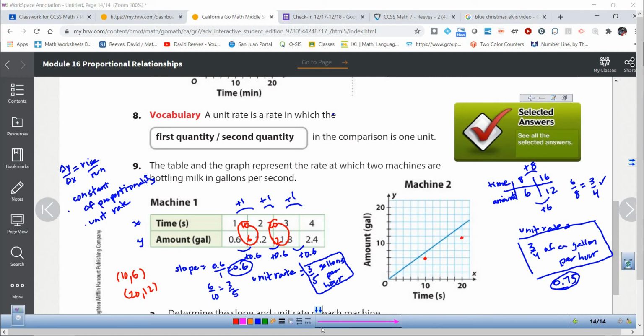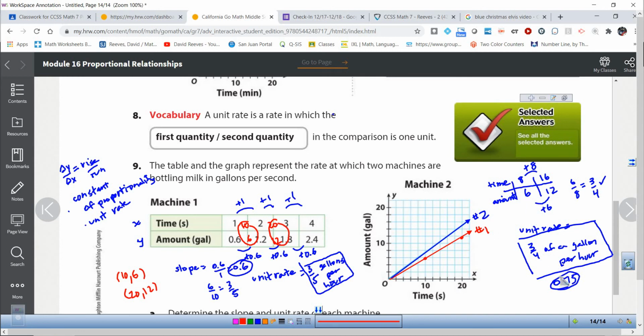And then if I draw that line in, can you see that that red line is lower than that blue line? So what does that tell you? That tells you that its unit rate is lower. And you remember the blue one was machine number 2, and the red one was machine number 1. So we just visually confirmed on the graph that machine 2 has a higher rate.